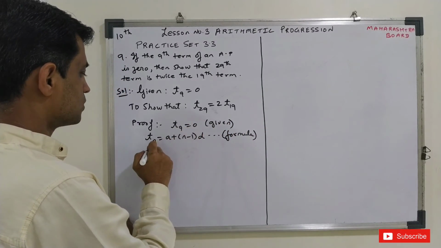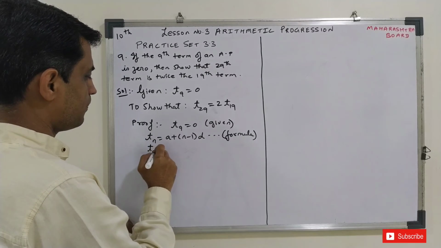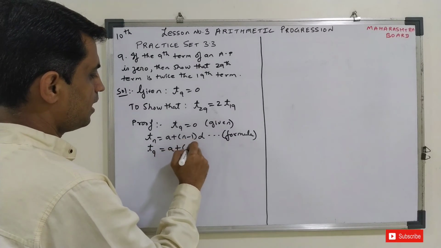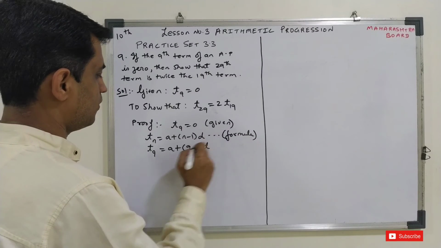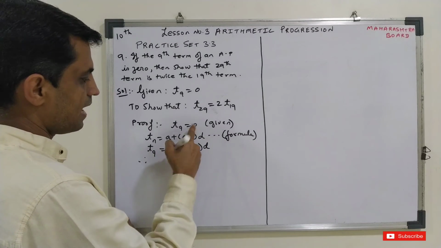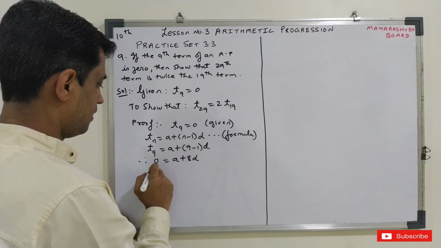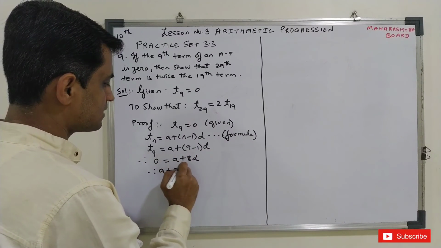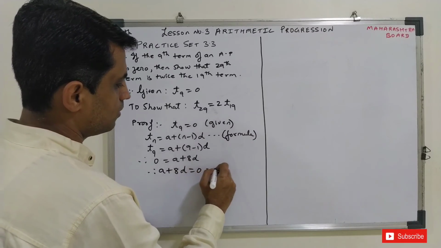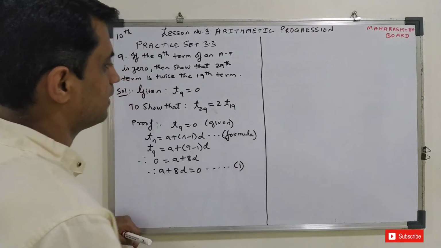So instead of n we put 9. A plus 9 minus 1 into D. What is T9? 0. A plus 8D. So we got A plus 8D is equal to 0. This you put down as 1.